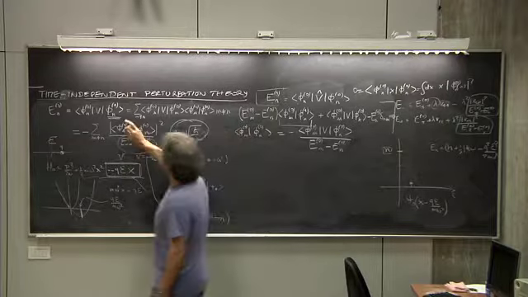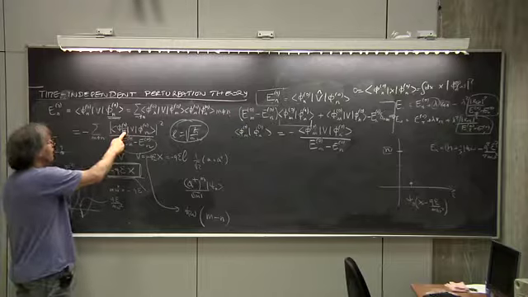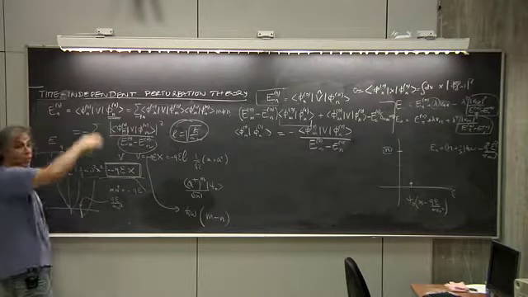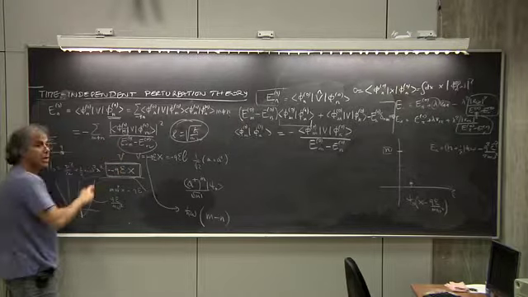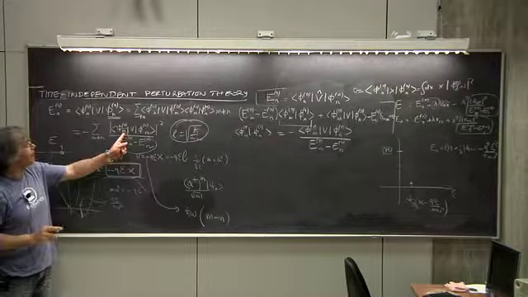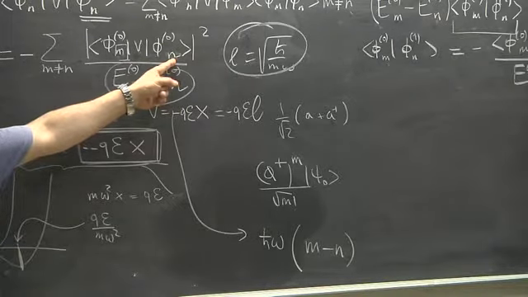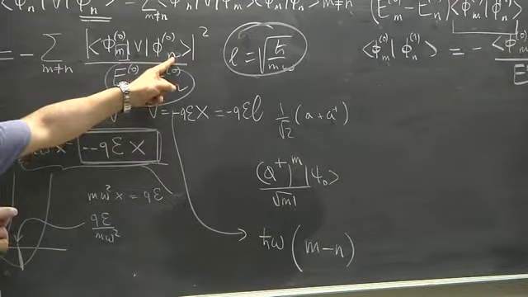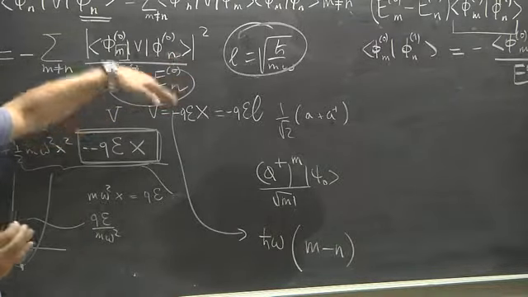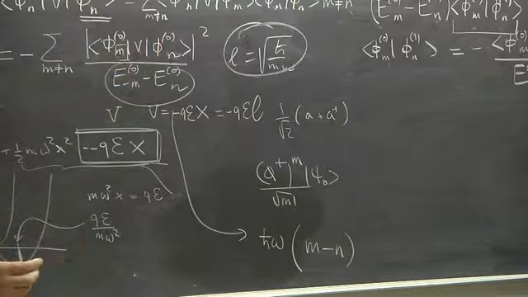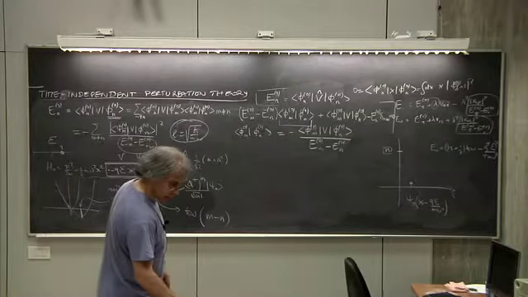So there are only two possible values of this m. Although in principle I have a sum over all the m, in practice the matrix element only couples m that are n plus or minus 1. By the way, if n is 0, the minus 1 is not possible, only the plus 1, obviously. But if n is positive, there are always both. So let us do the calculation.